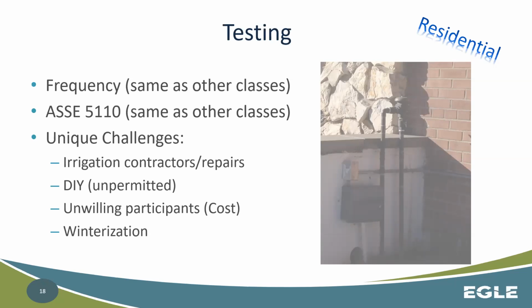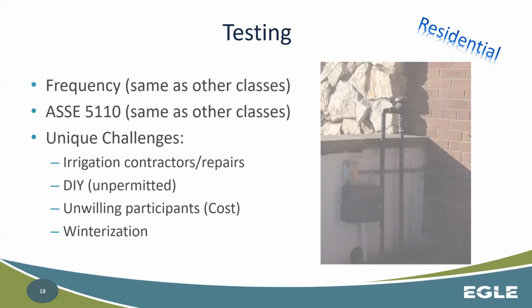Some of the challenges, because there can be so many of them out there, a lot of these come back to your irrigation systems, but you might have people who aren't qualified, or maybe they can put it in, but they don't have, like with this ASSE 5110, maybe not the certifications for it to be officially accepted for their results.